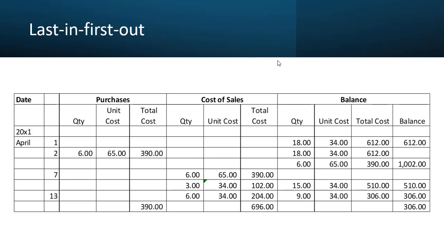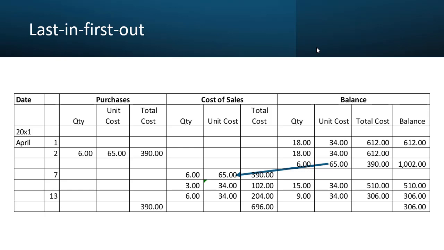So in this case, the costing of the sale of that 9 units, the 6 will be coming from the 65, the recent purchase.